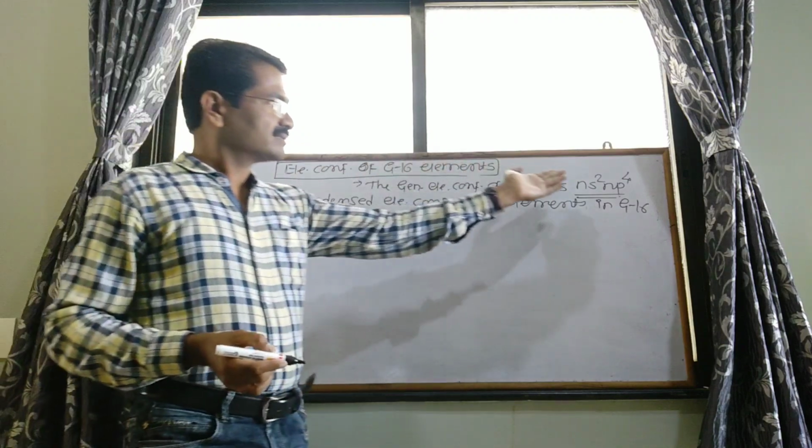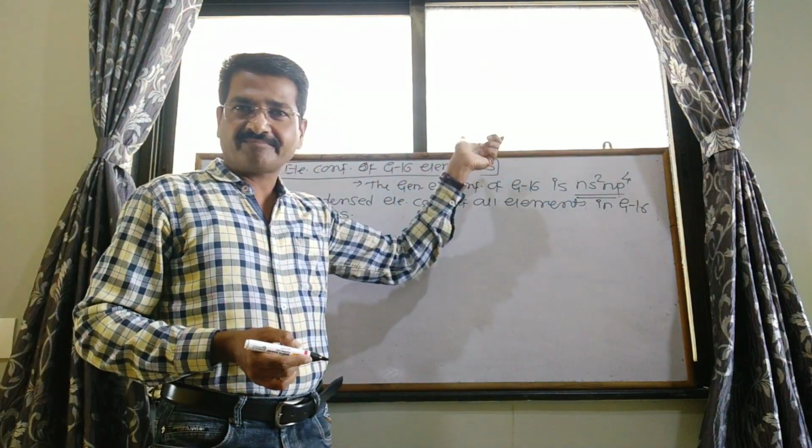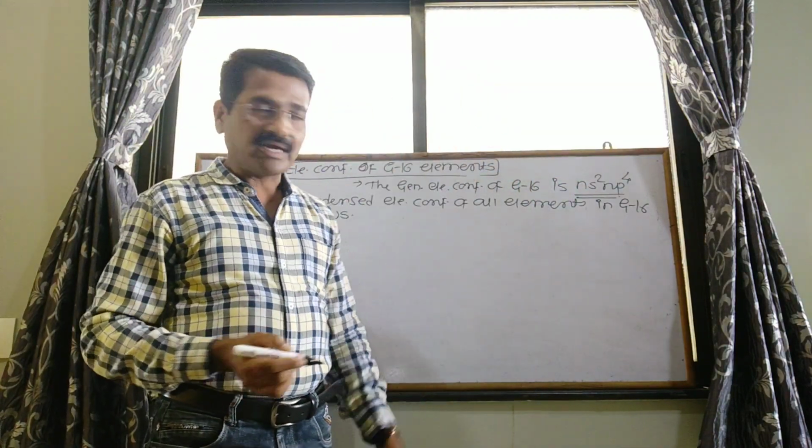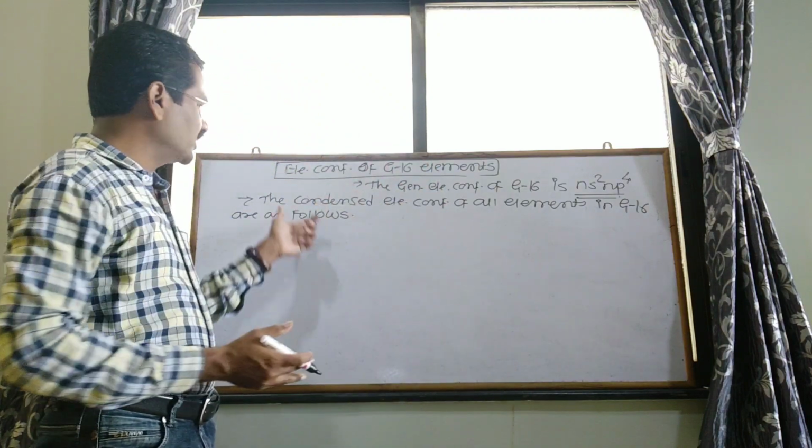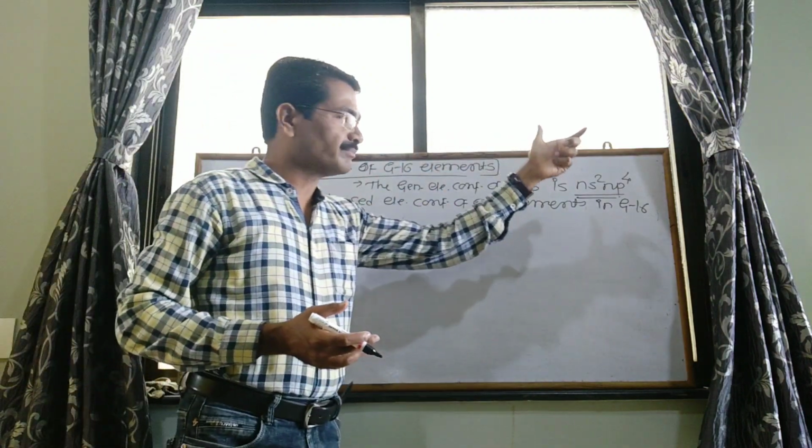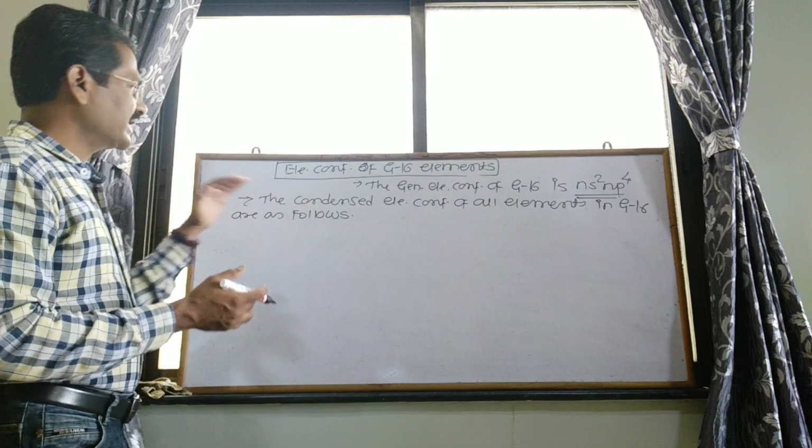The first point indicates the general electronic configuration of G16, that is ns2 np4, and then the detailed electronic configuration of each and every element placed in G16 is as follows.